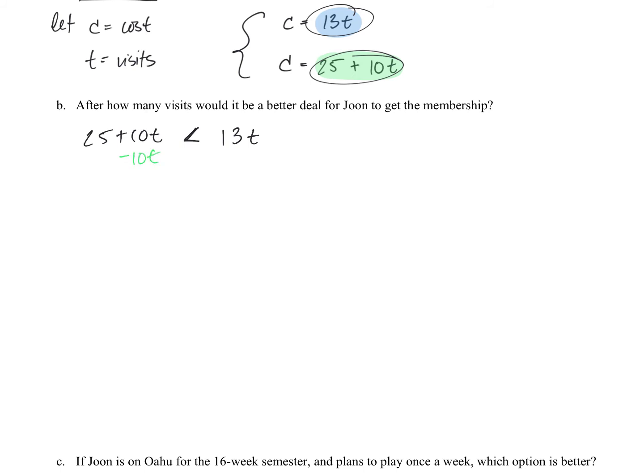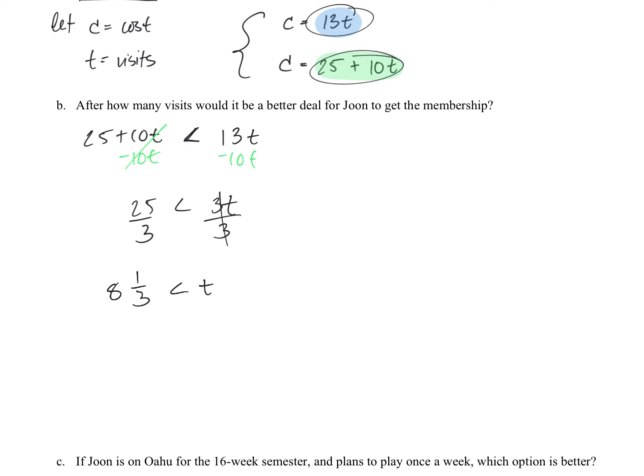So minus 10t, minus 10t, 25 less than, so that'll be 3t. We can divide both sides by 3. Alright, 3 can go into 25 8 times, and then there's going to be 1 left over, so it'll be 8 1/3 less than t. So, remember, t is talking about the number of visits.